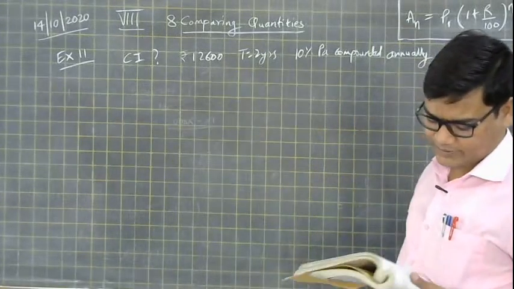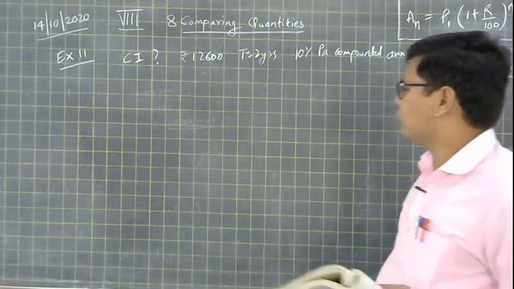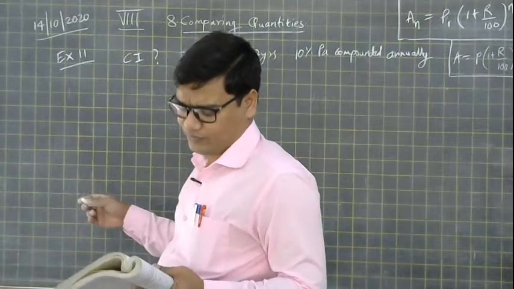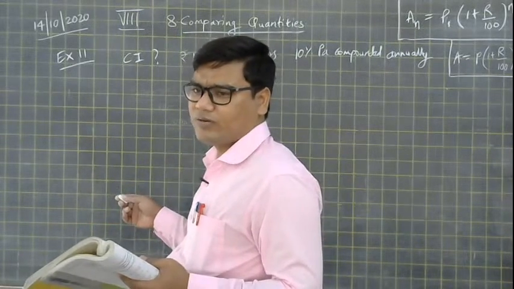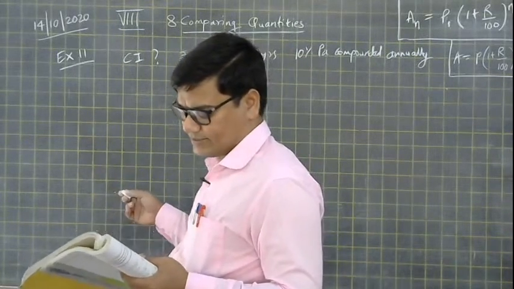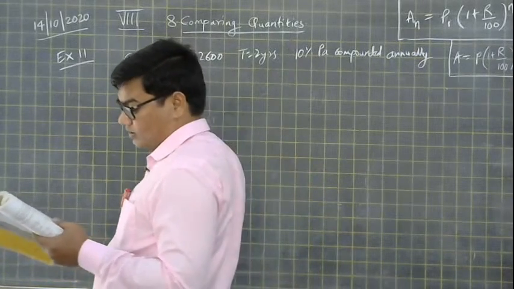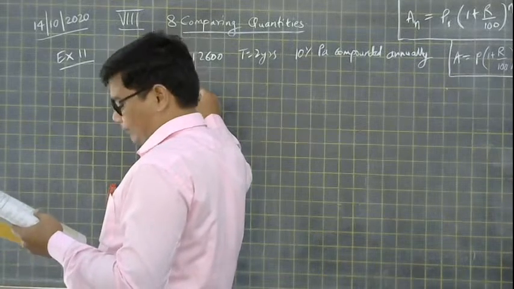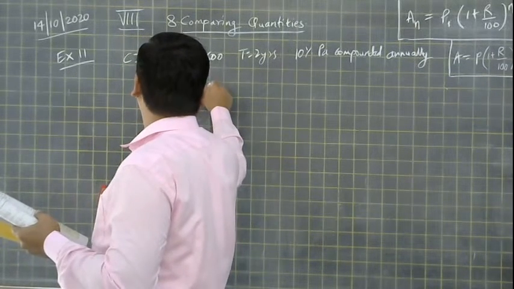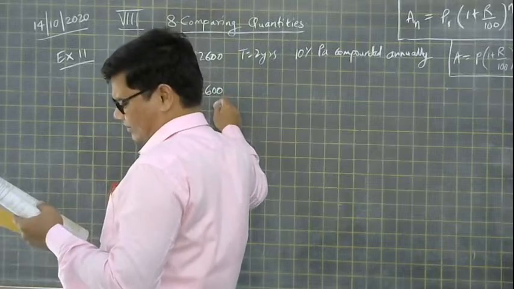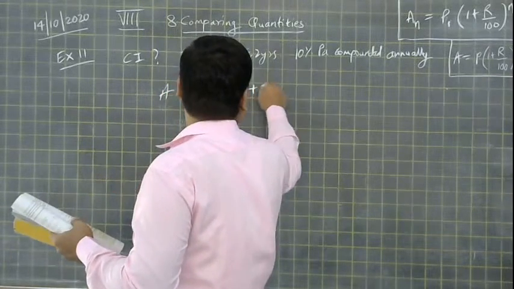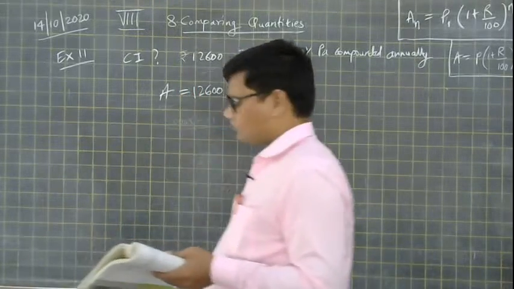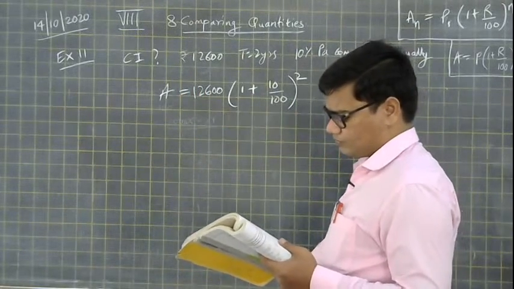Okay. So here we will use this formula to find the amount, and then we can reduce the principal from the amount to get the compound interest. So A, the amount to be paid after 2 years, will be equal to P, 12,600, into 1 plus rate 10 upon 100 power 2.